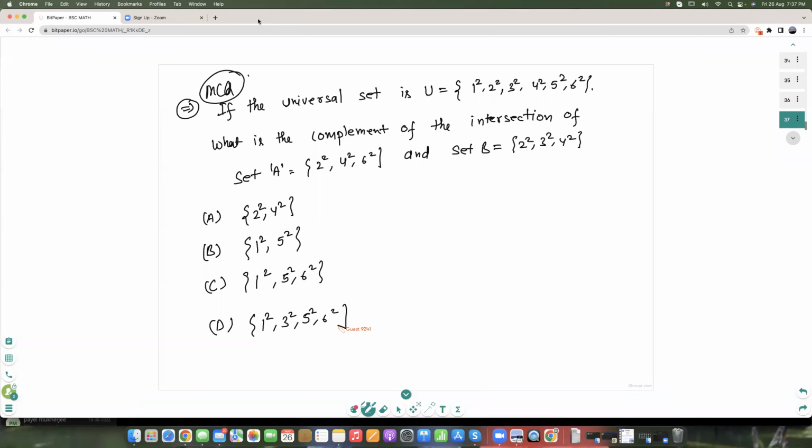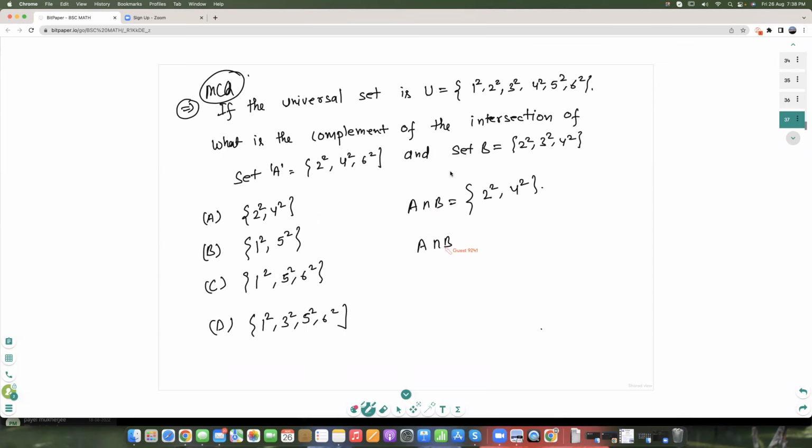Let me tell you guys quickly. First of all, we need to focus on the intersection of set A and set B. So A intersection B will be 2 square and 4 square. Then what do you need to find?